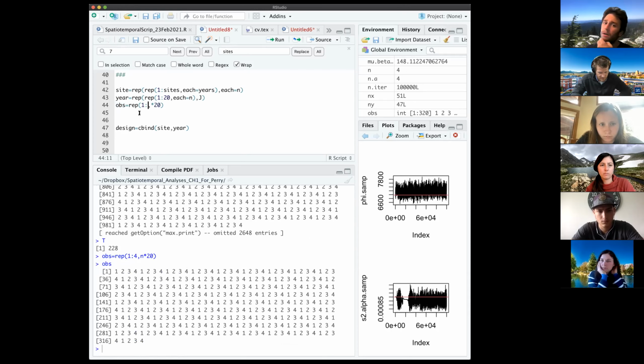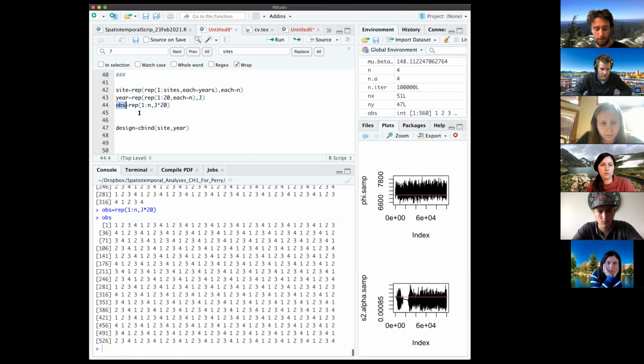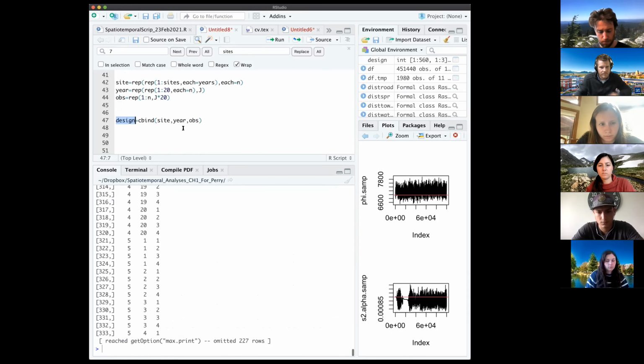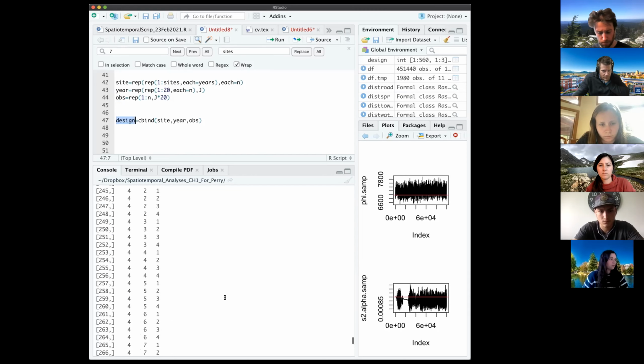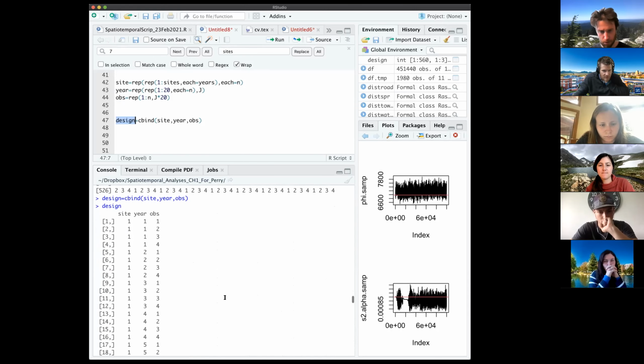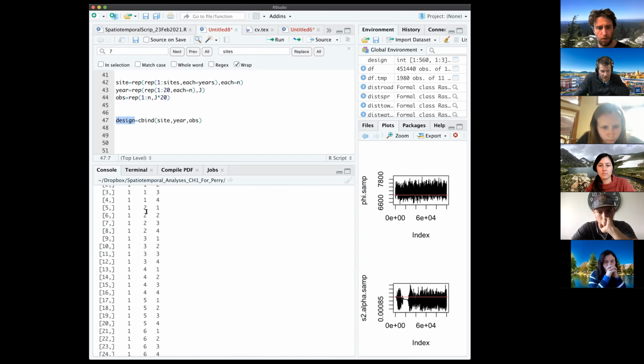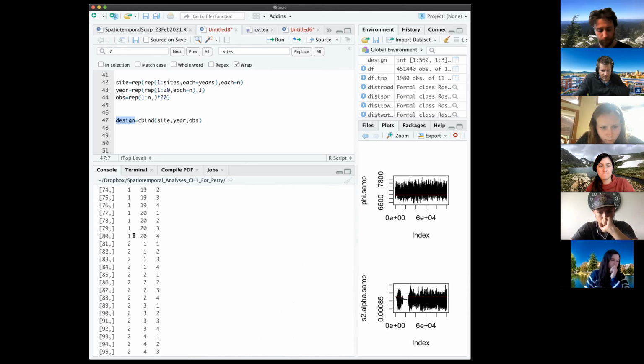Oh, not N. This is N. This is J. Here we go. Okay, that's right. Here's what our data look like. We have at site 1 in year 1, 4 observations. Site 1 in year 2, 4 observations. Site 1, year 3, all the way up to 20, we have 4 observations. Then at site 2, same thing, right? So that's how we're going to structure our data.